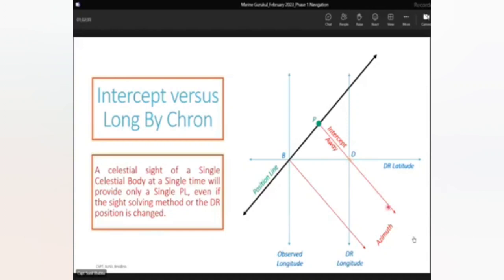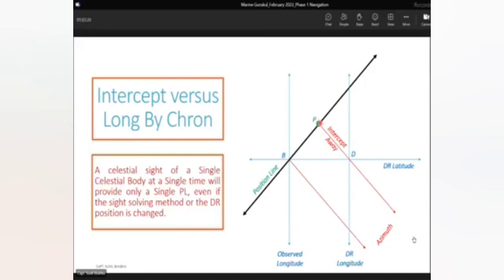So you have the azimuth of the body plotted here. The intercept is away, so you go from the DR position away from the body. The body is on this side. So you go away from the body a distance equal to the intercept, and the ITP which you get will be this point Papa. And this ITP will lie exactly on the longitude by chronometer PL.